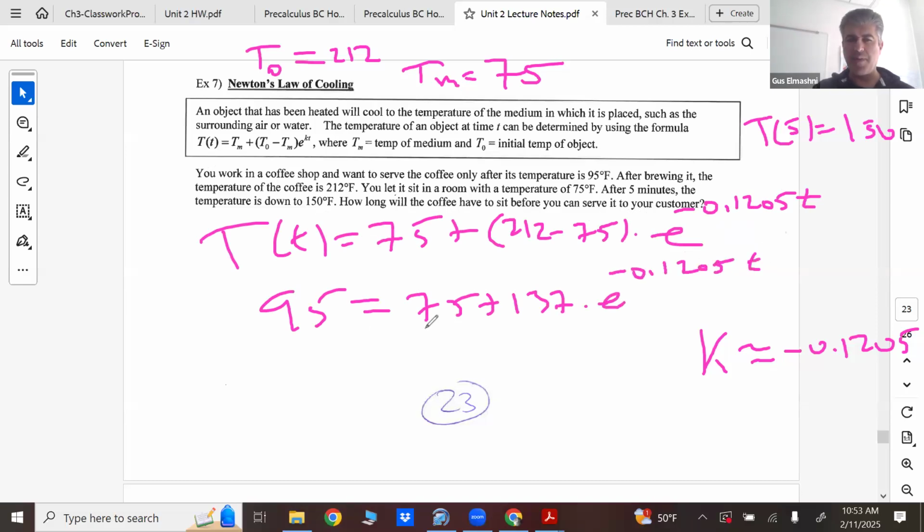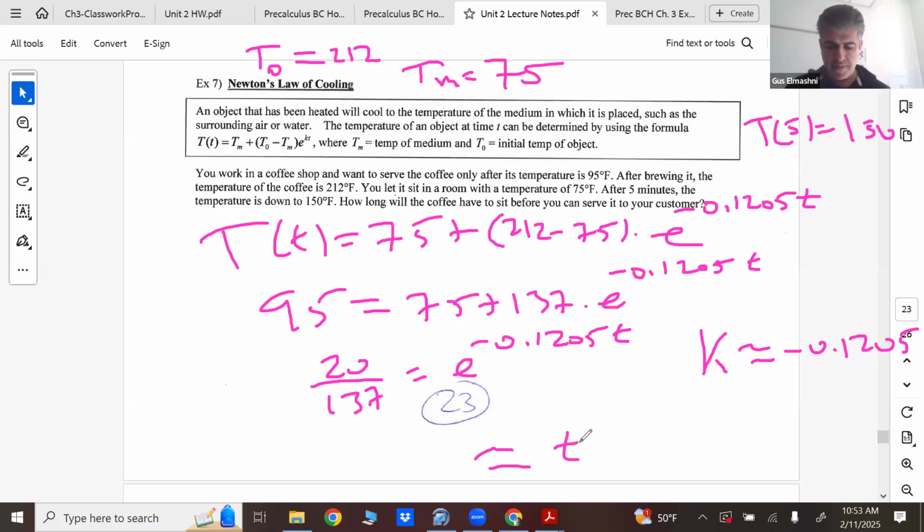And how would I solve for little t? Just do all this junk here, right? Solve for t.